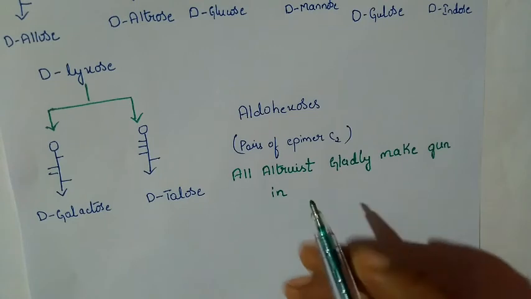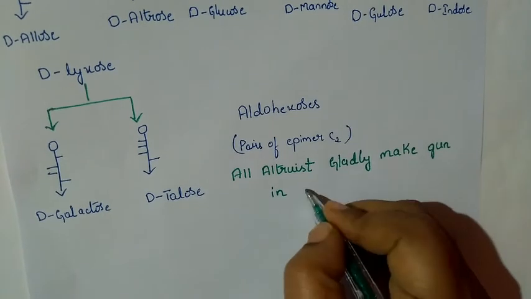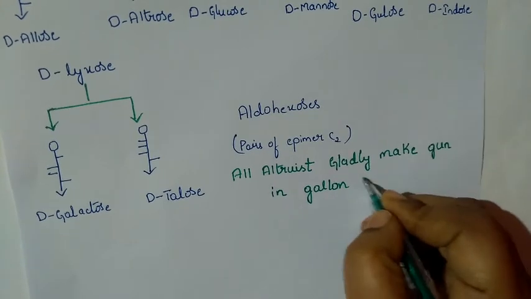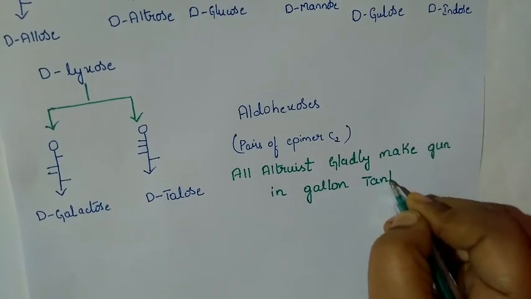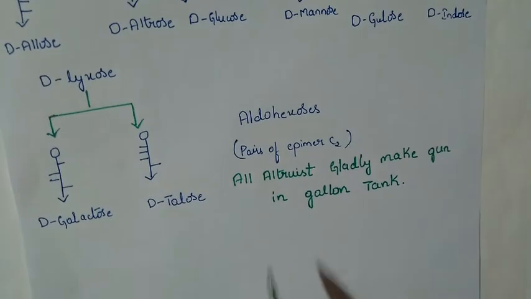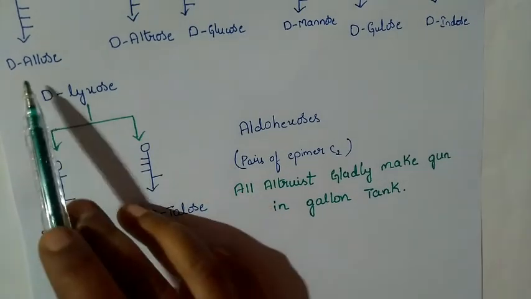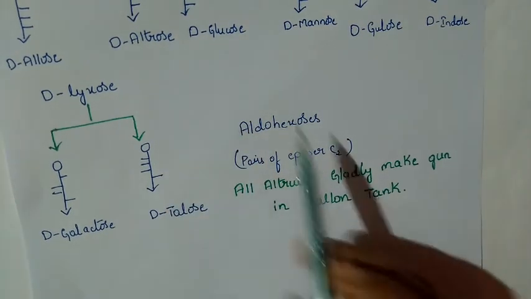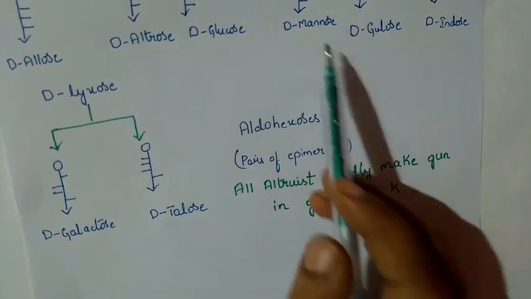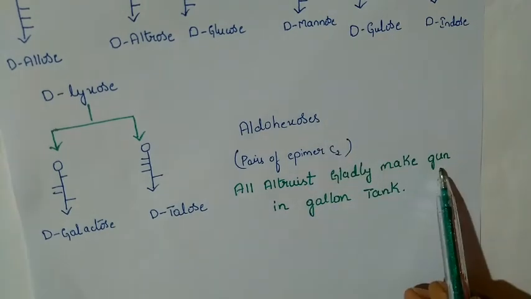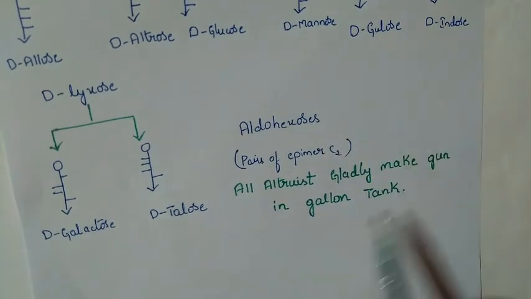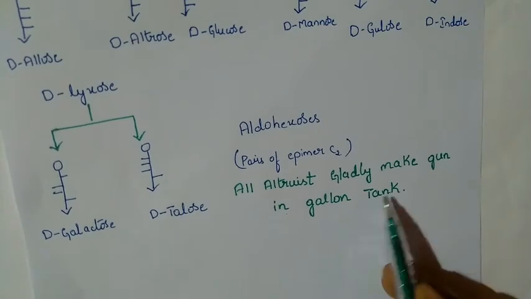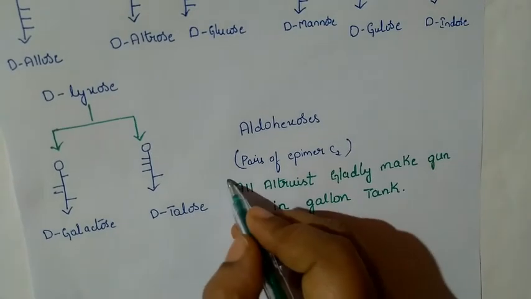So it is next to two names, gallon, tank. So all is for allose, altruist is altrose, gladly is glucose, make is mannose, gum is gulose, in is idose, gallon is galactose, tank is talose.